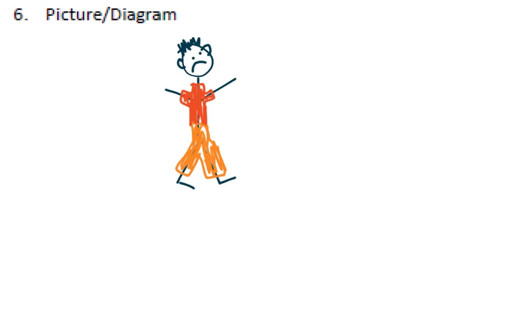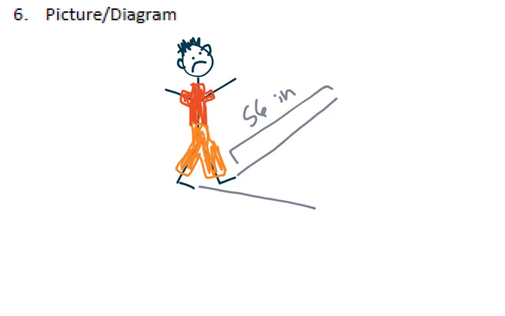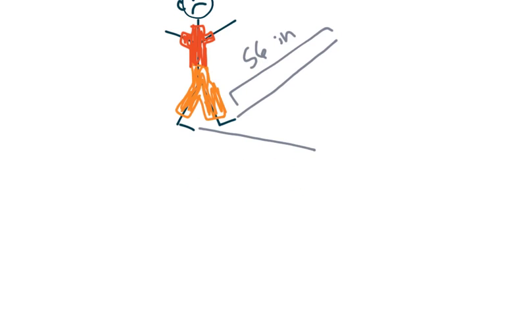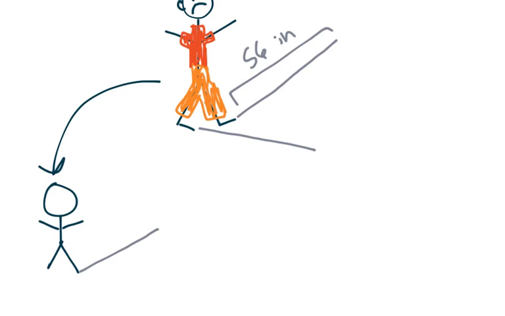Okay, and we've got his toenails, right? That are 56 inches long. Then each day, for my picture diagram, maybe I would go like this. Each day, and I'm not going to put clothes on the pretend ones, I would then show his toenails getting 5.5 inches shorter.